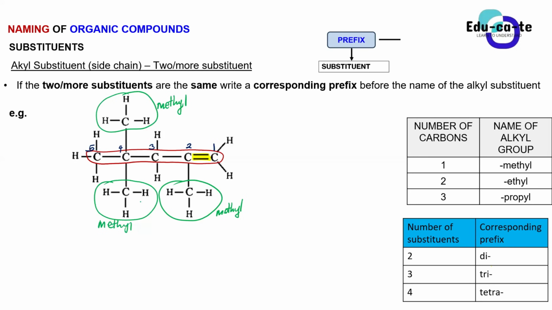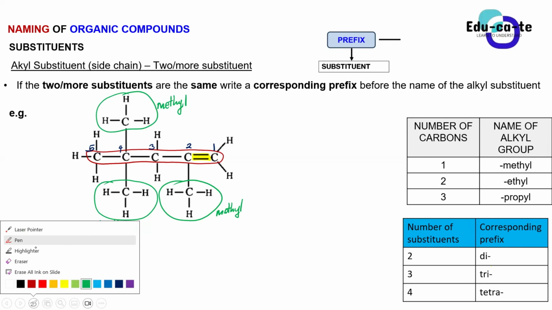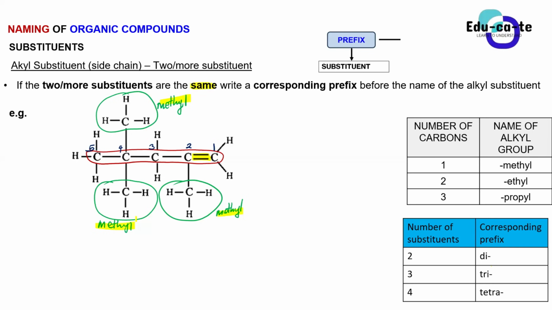You would have done the wrong naming, because remember that our criteria here is having 2 or more substituents, and all of them are the same. This is a methyl, this is also a methyl, this is also a methyl. So we have substituents of the same kind. They're identical. That's the one that we're doing for now.